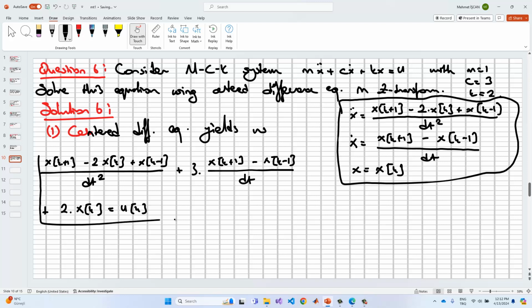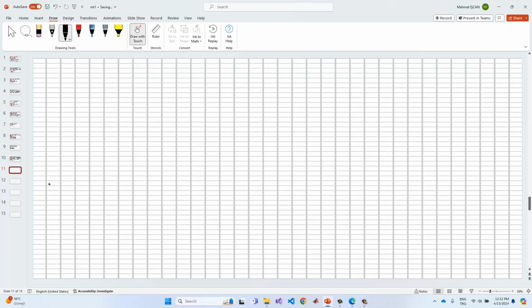So this is our equation for the discrete notation. How can we reorganize the whole equation using this information?